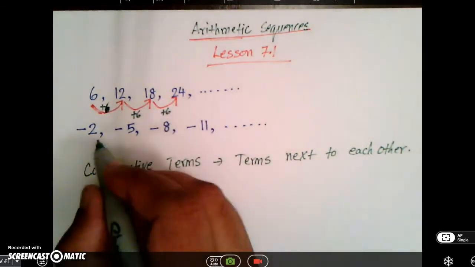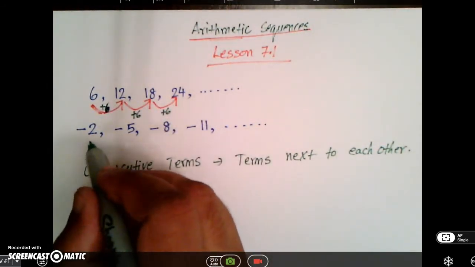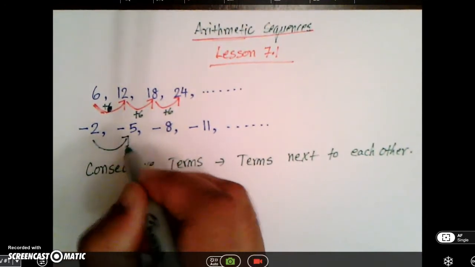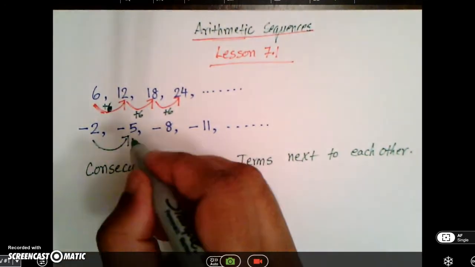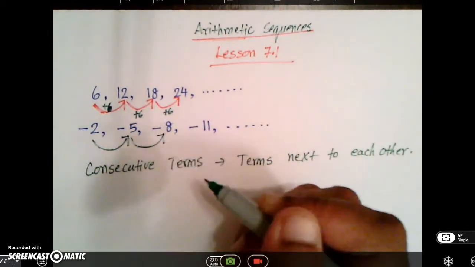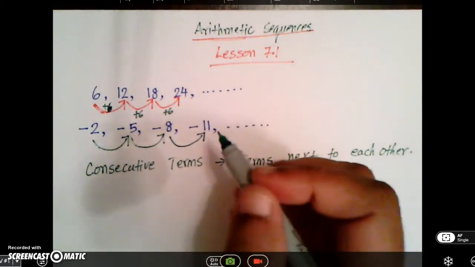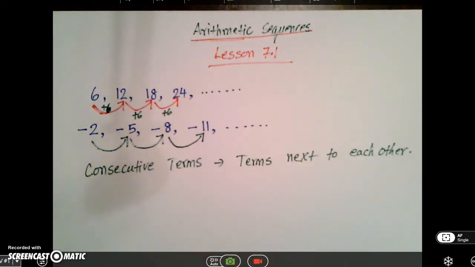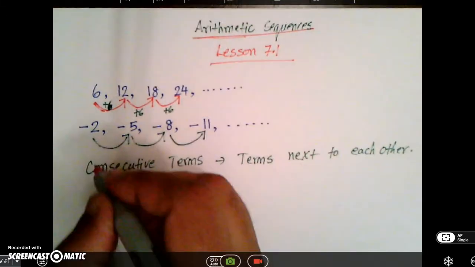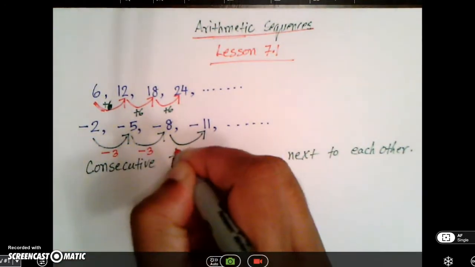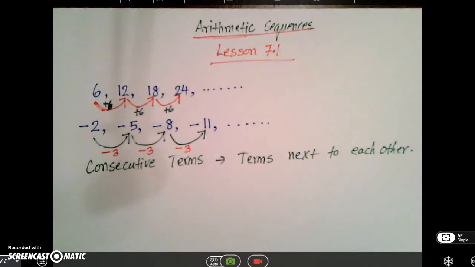If I look at the second sequence, the consecutive terms -2 and -5, -5 and -8, -8 and -11, they all have the same pattern, which is subtracting 3. Subtracting 3 every time.